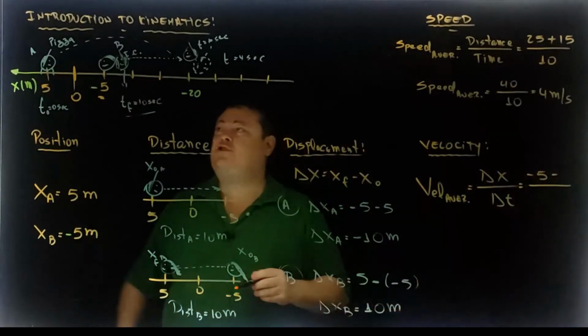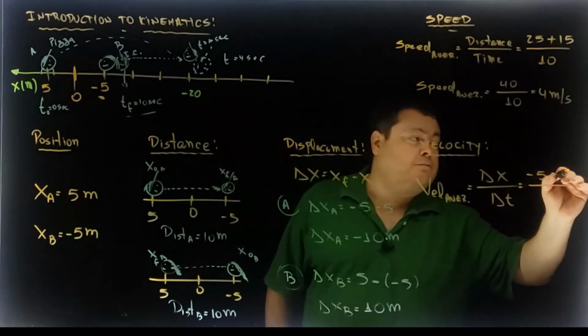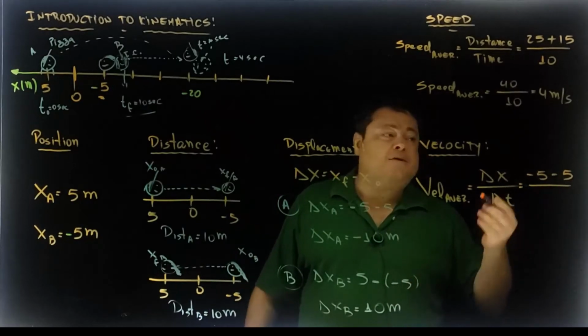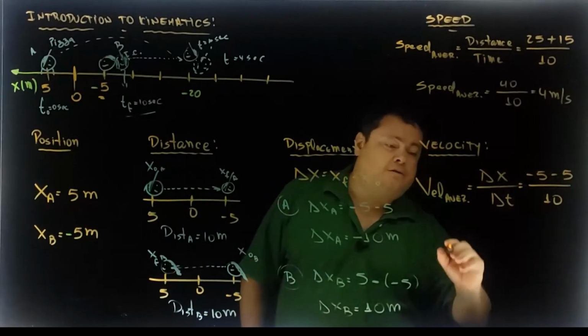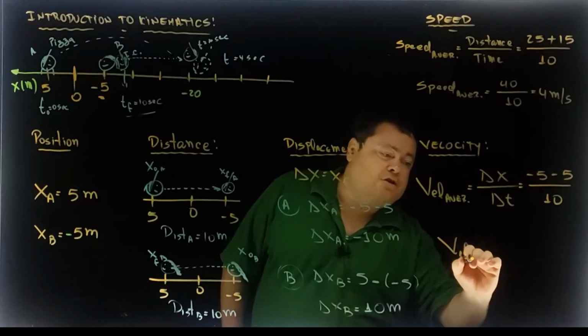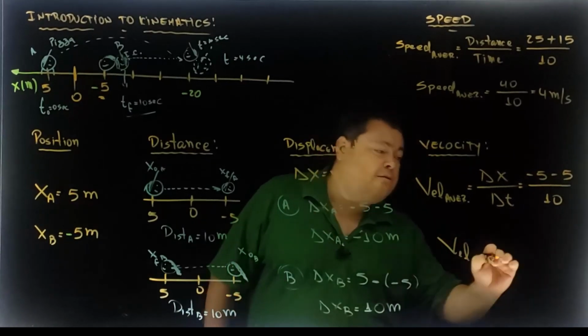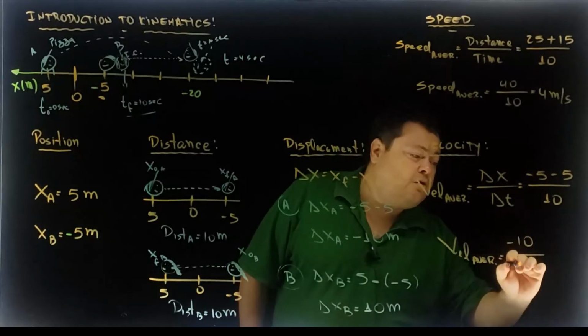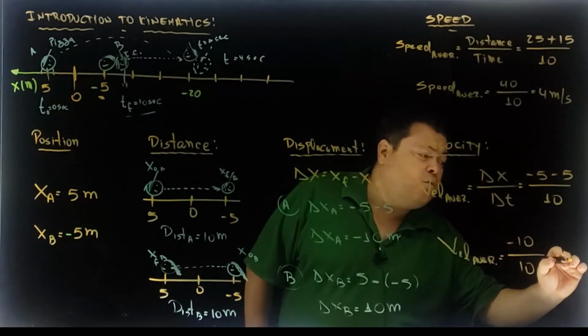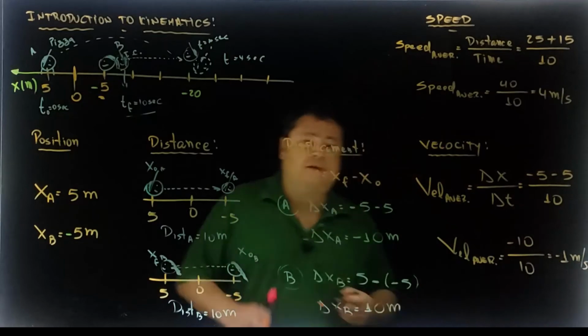And his initial position was 5 meters. The time is the same as before, 10 seconds. So his average velocity is going to be then negative 10 over 10, negative 1 meter per second.